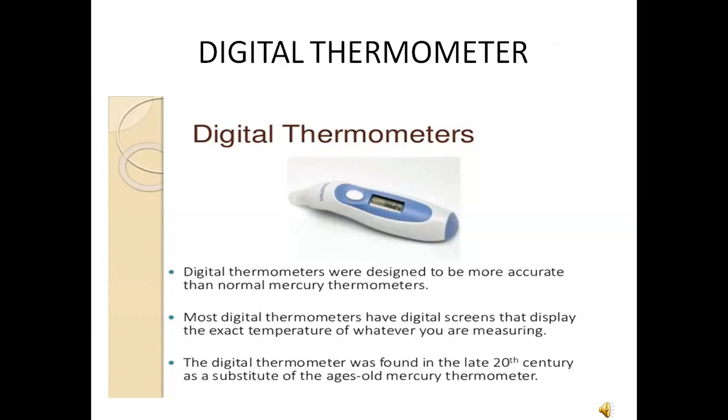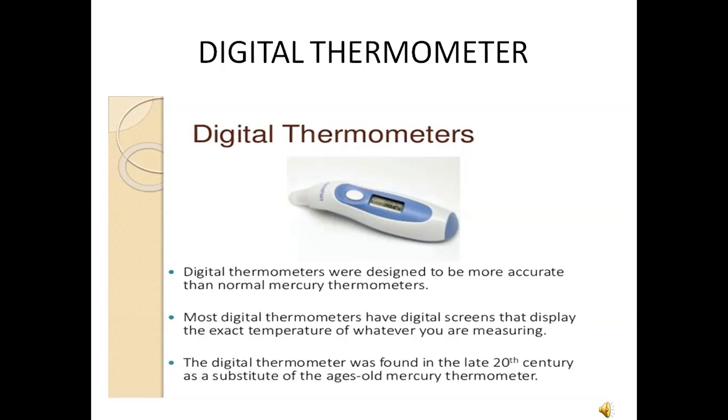Next, the digital thermometer. There is a lot of concern over the use of mercury in thermometers. Thermometers are of three types: clinical, laboratory and digital. Mercury is a toxic substance and is very difficult to dispose of if a thermometer breaks.